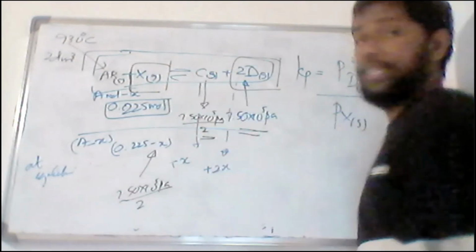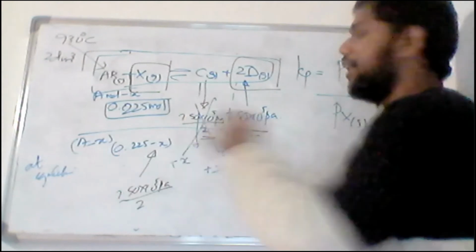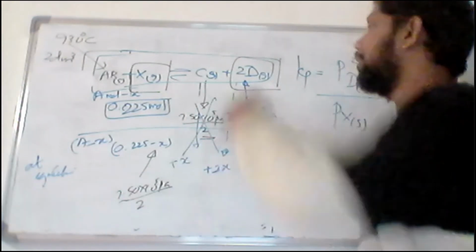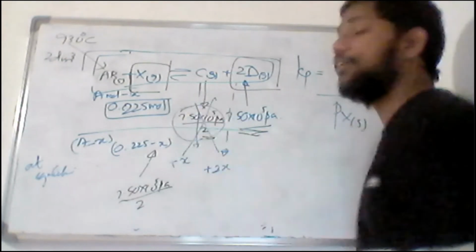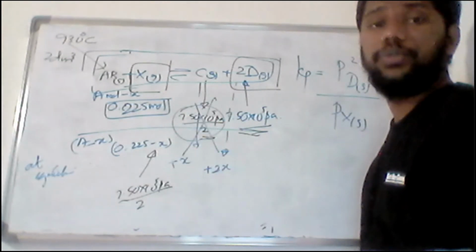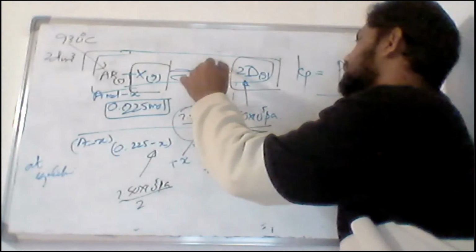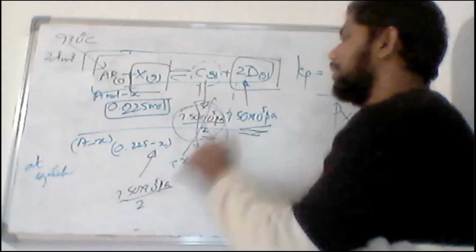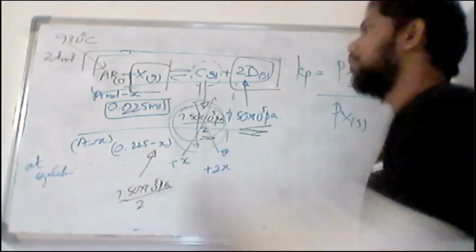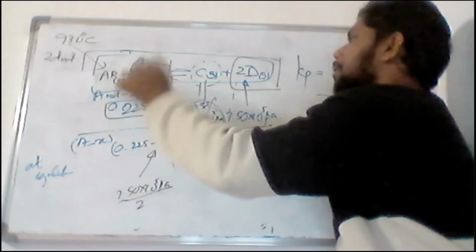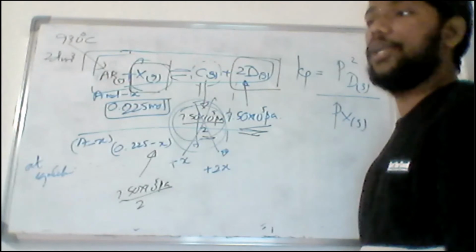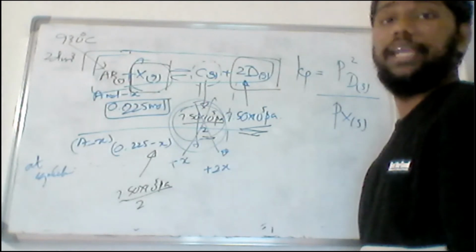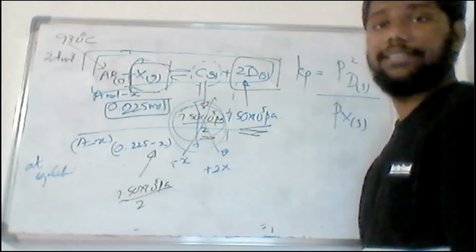Since this is a solid, there will be no pressure here, although we think that according to the stoichiometry 2:1, if this is 7.5, this could be 7.5 into 10 to the power 5 over 2. But in this case, since this is a solid, there will be no pressure shown by this. Okay, so the only other pressure is shown by this. But how can I calculate this? How can I calculate the remaining partial pressure of X gas here?